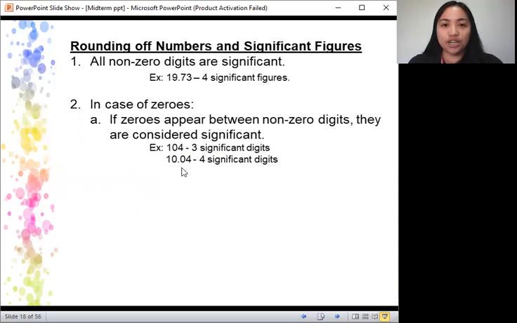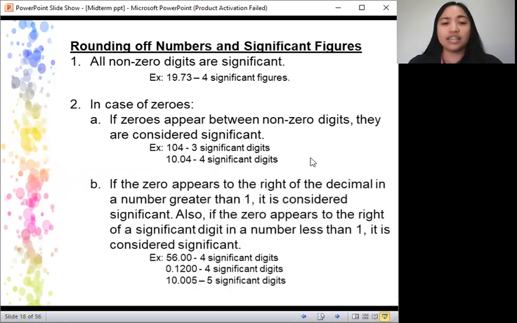Same with 10.04, right? The zero is in between the non-zero digits, so it is considered significant. So 10.04 has four significant digits. Next, if the zero appears to the right of the decimal in a number greater than 1, it is considered significant.